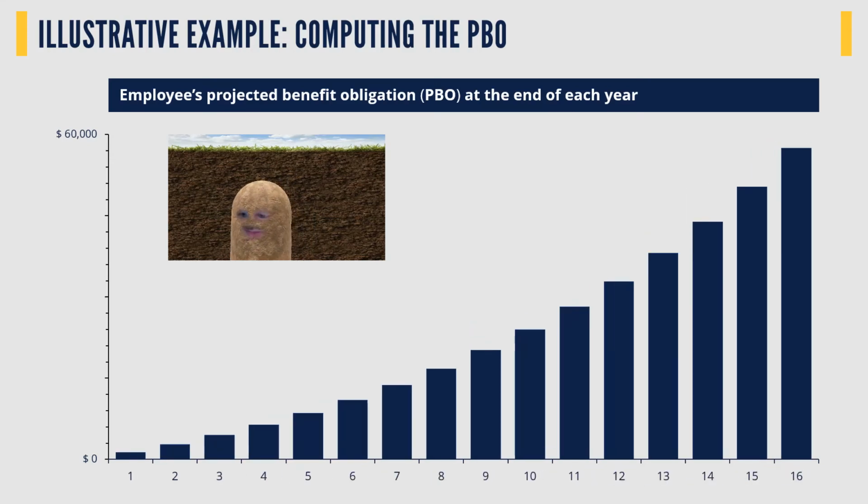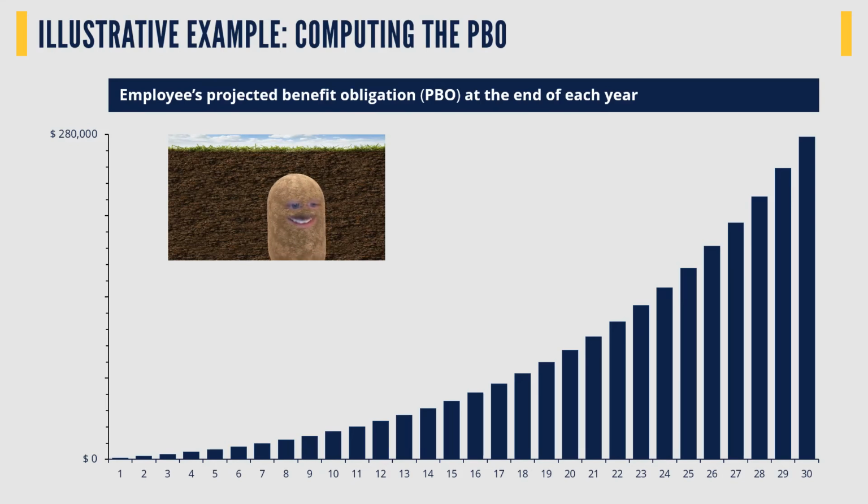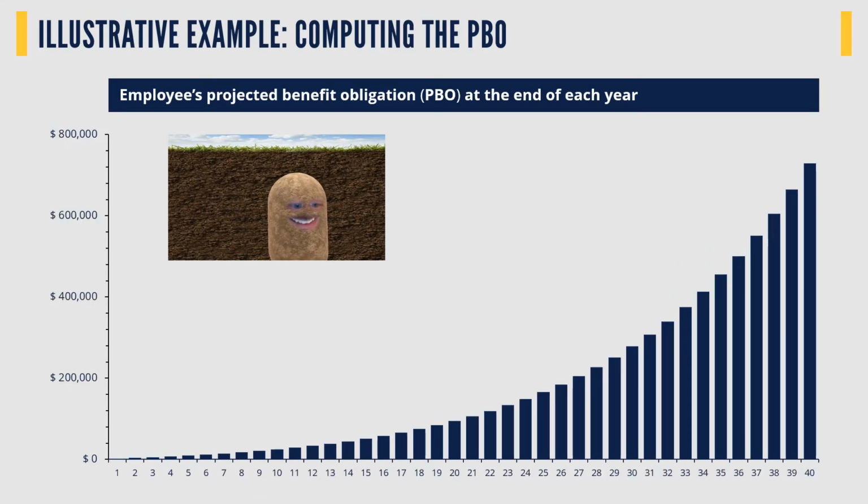Ooh, very pretty. Wait, something's not right here. Why has it disappeared? I can't see what that value is. Hold on. Why is that value so? What happened?